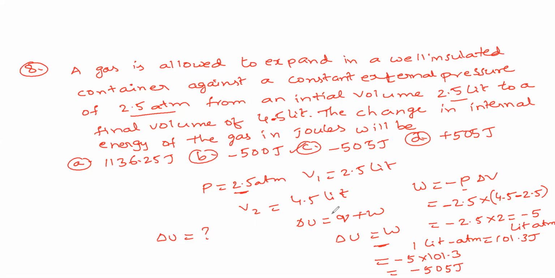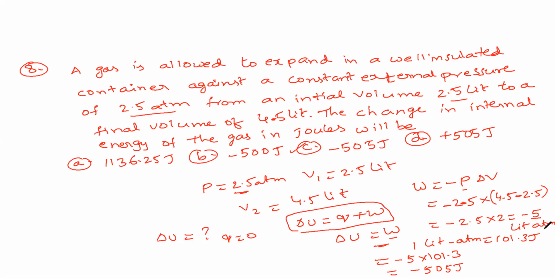Since this is an adiabatic process, Q is equal to 0 because no heat is exchanged. We need to find the change in internal energy of the system. From the first law of thermodynamics, delta U is equal to Q plus W. Since Q is equal to 0, delta U is equal to W. So W is equal to minus P delta V, that is minus 2.5 into (4.5 minus 2.5), which is equal to minus 5.